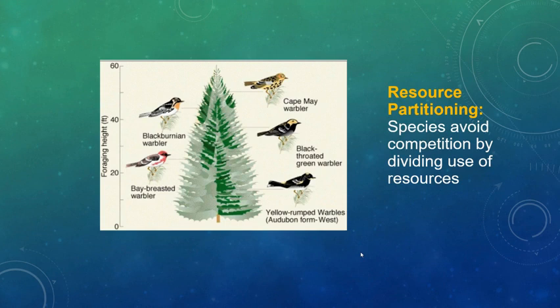If you have a large enough tree, you might find different warblers in different parts of the tree, because the warblers have evolved to eat seeds or whatever from the different parts of the tree. They forage at different heights. The yellow-rumped forage the lowest, and the Cape May warblers forage the highest. This way, all the species are able to coexist by partitioning the resources that are available.